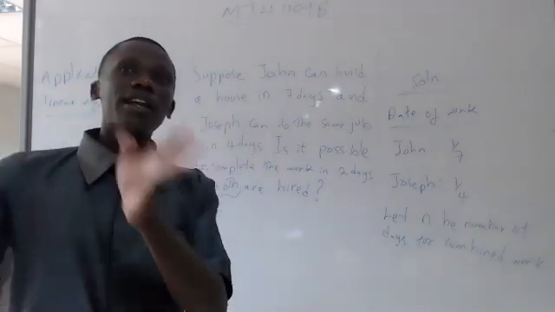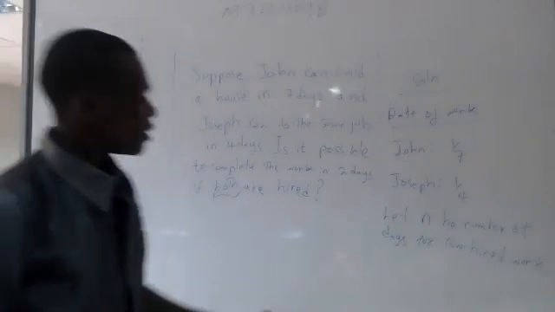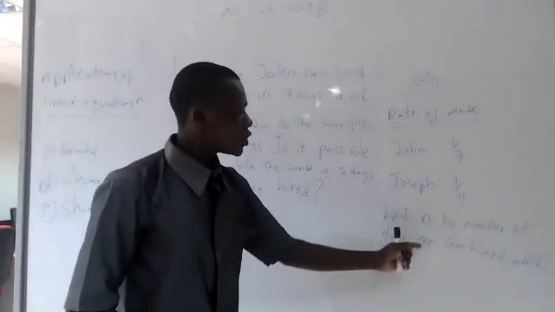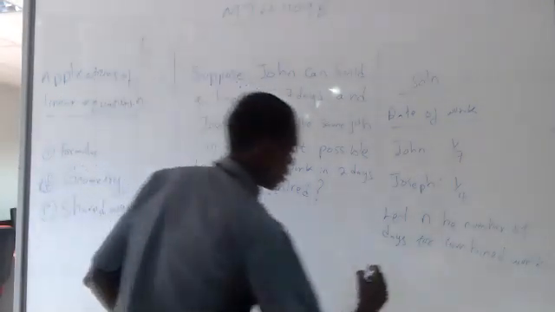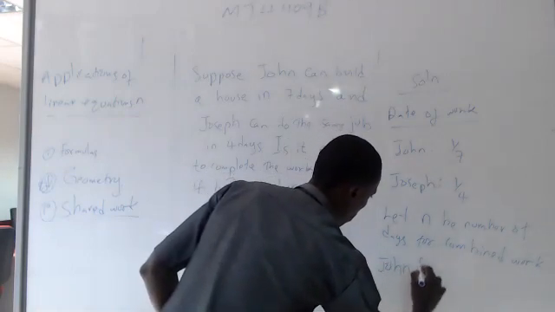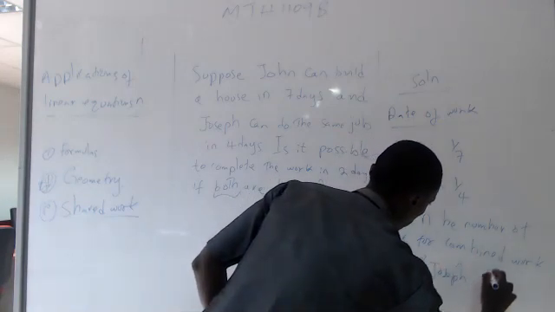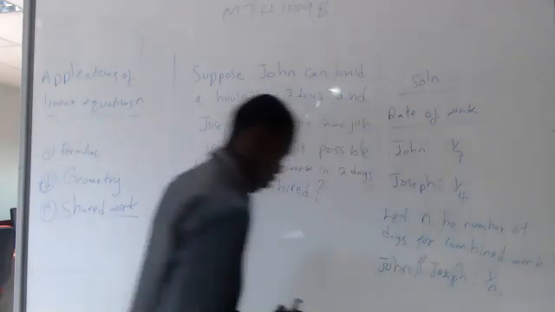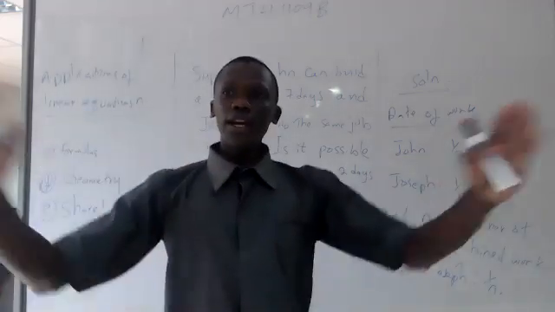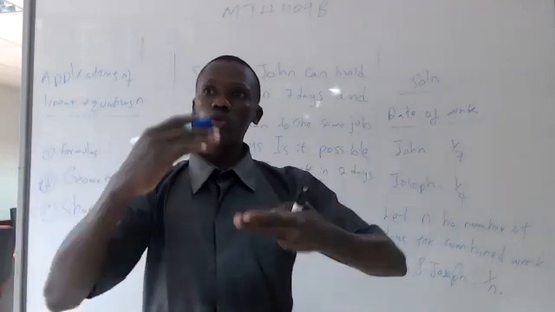Then the combined rate for John and Joseph will be 1 divided by n, because they take n days to complete the whole task. So in 1 day, they do 1/n.